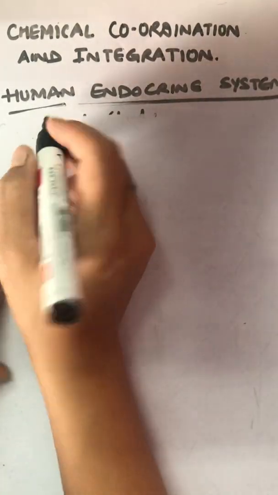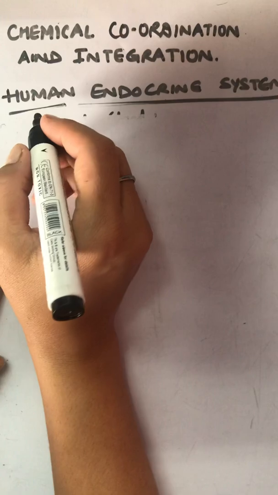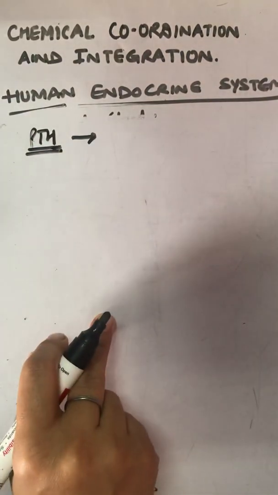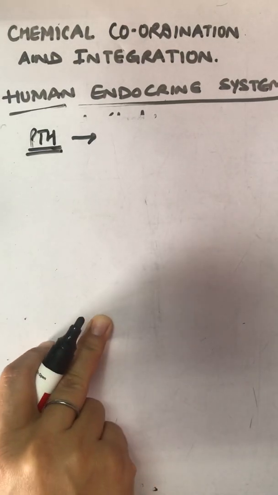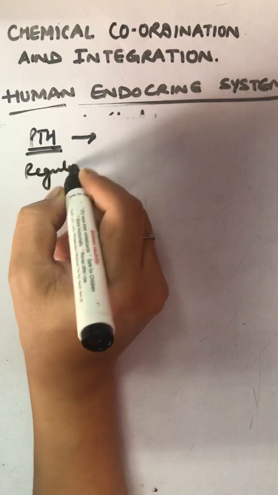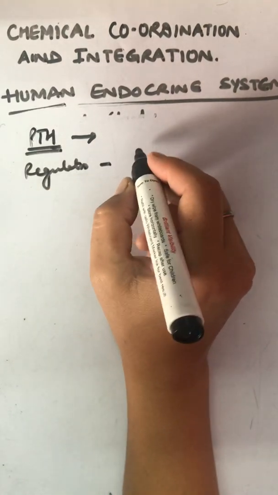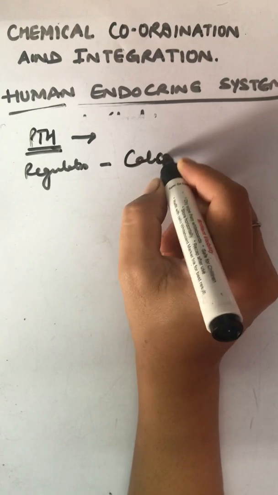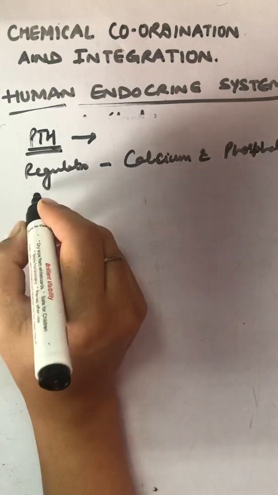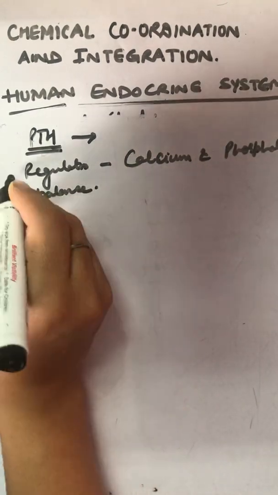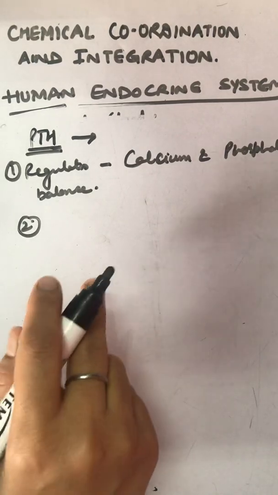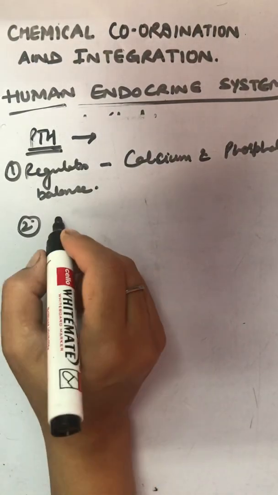What basically PTH does? Here we are going to list up the role of PTH. This hormone regulates calcium and phosphate balance, number 2, it inhibits collagen synthesis.